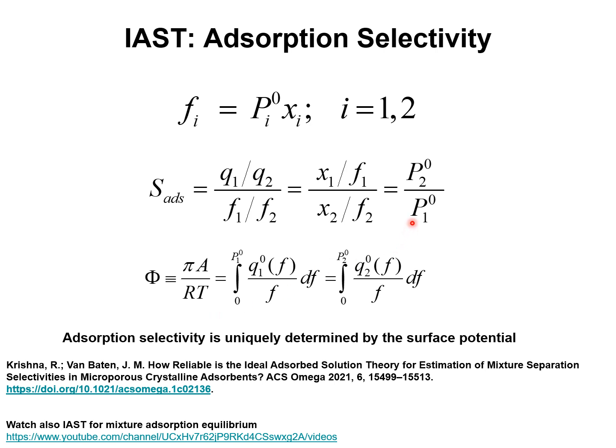The ratio of the sorption pressures is uniquely related to the surface potential, and therefore the adsorption selectivity is a unique function of the surface potential for ideal mixture adsorption.